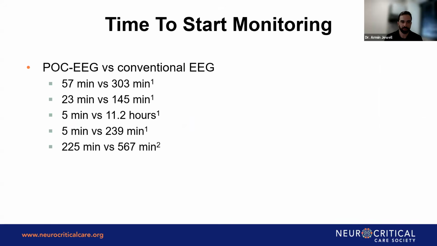And so the left numbers are all the point of care EEG start to monitor, and the right ones are all the conventional EEG. You can see that just in general, while the numbers are varied between different sites, the time to place to start monitoring is less on the point of care EEG side versus the conventional EEG side.